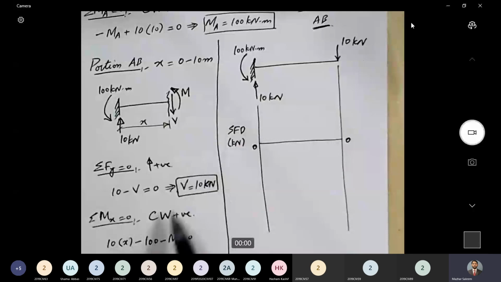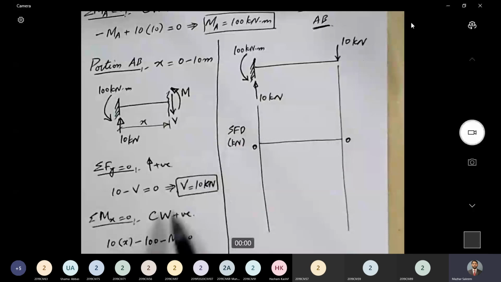Next is bending moment diagram. 0 line. We are plotting BMD, and our units are kilonewton meter. Now, how much is the value of bending moment at point A? At point A, it is minus 100, and at point B equal to 0.